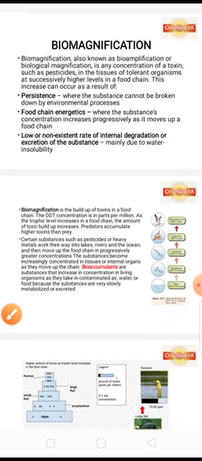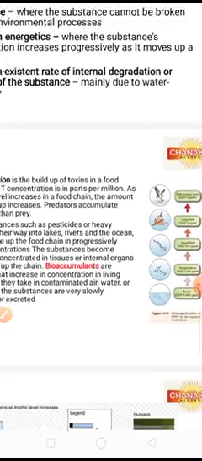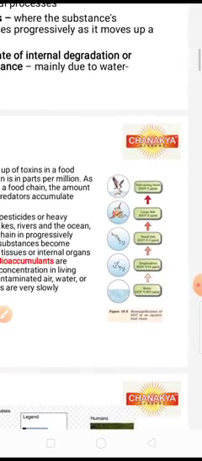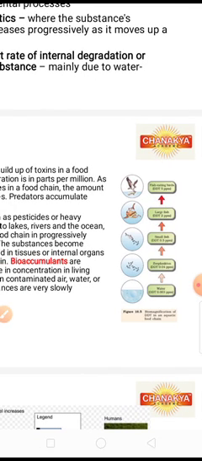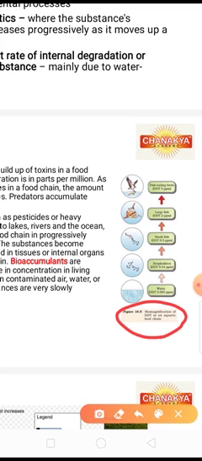Now see here. This diagram is in your textbook. It shows the biological magnification of DDT in an aquatic food chain. You know that DDT is being used on a large scale.